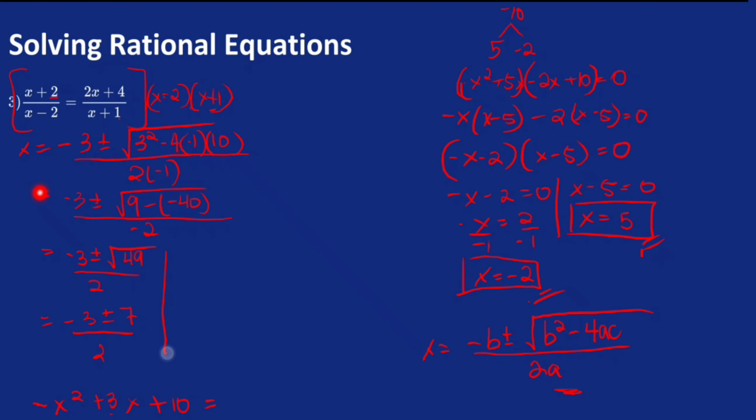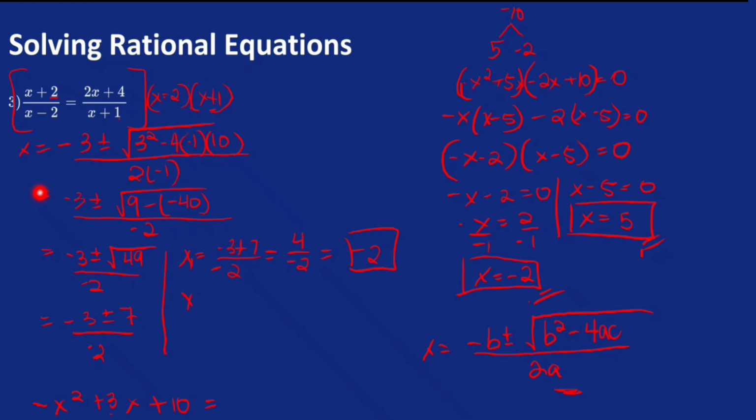So our x sub 1 can be solved using addition. So that's negative 3 plus 7 over 2, negative 2. So this is 4 over negative 2, which will give us negative 2.